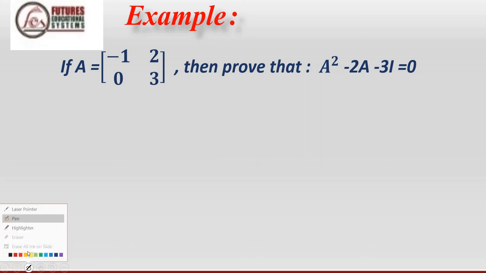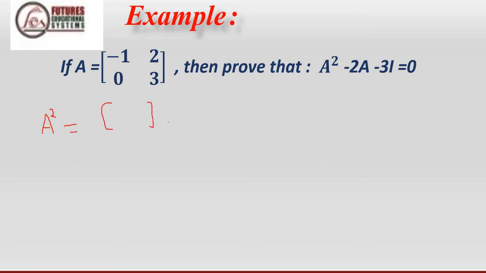A power 2, A by A, matrix A equals A by A: [-1, 2; 0, 3] by [-1, 2; 0, 3].